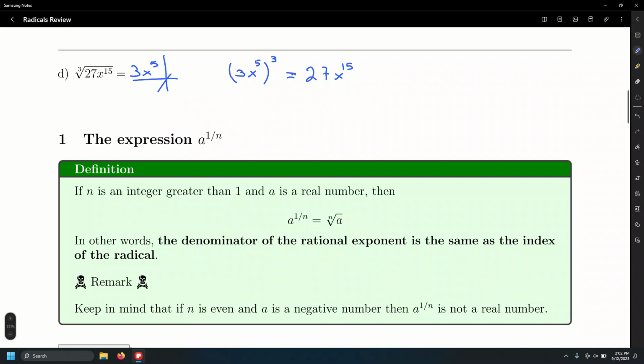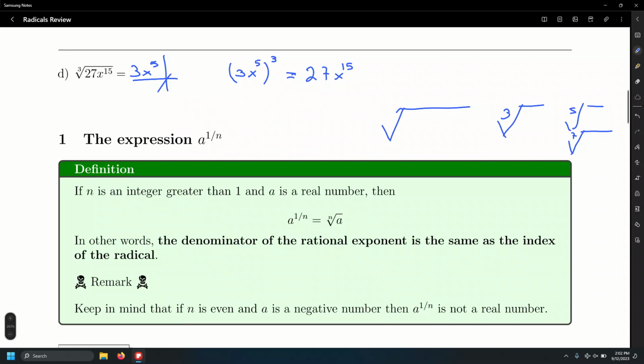When we have a radical with no number in between, that's an invisible 2, unless you have something like a cube root or fifth root or seventh root, etc. All right. So now here is the thing.